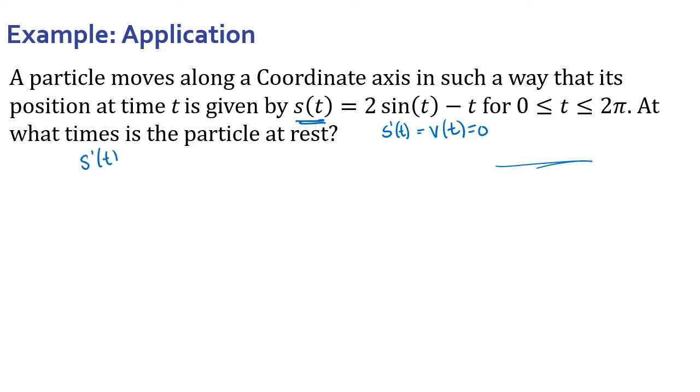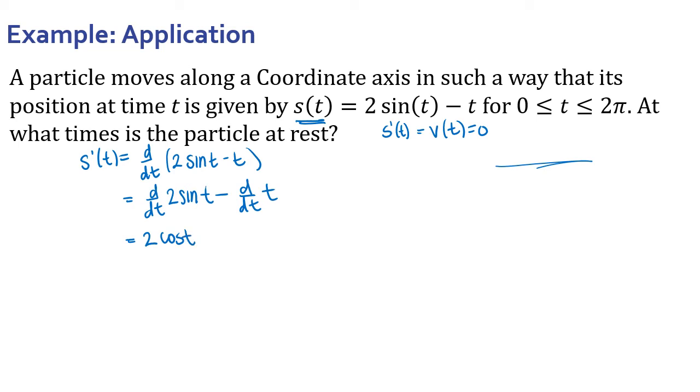So s prime of t equals the derivative with respect to t of 2 sine of t minus t. So that's going to give us the derivative with respect to t of 2 sine of t minus the derivative with respect to t of t. You can pull that 2 out, and the derivative of sine is cosine, and the derivative of t is just 1.